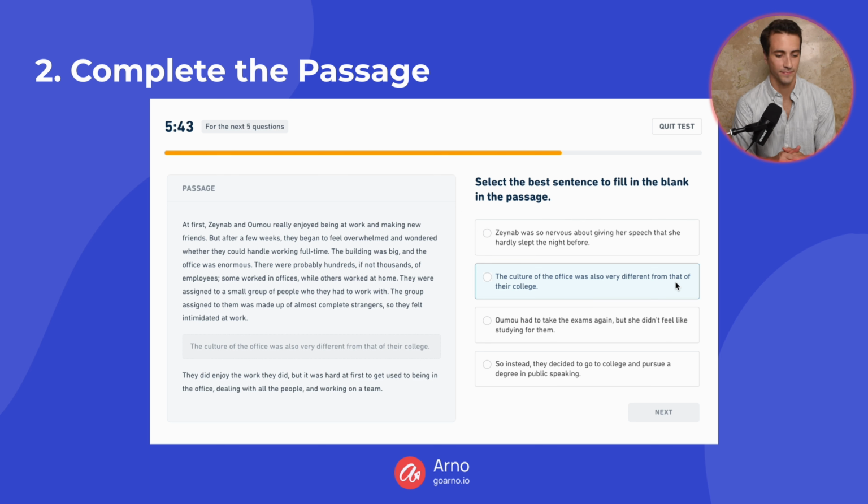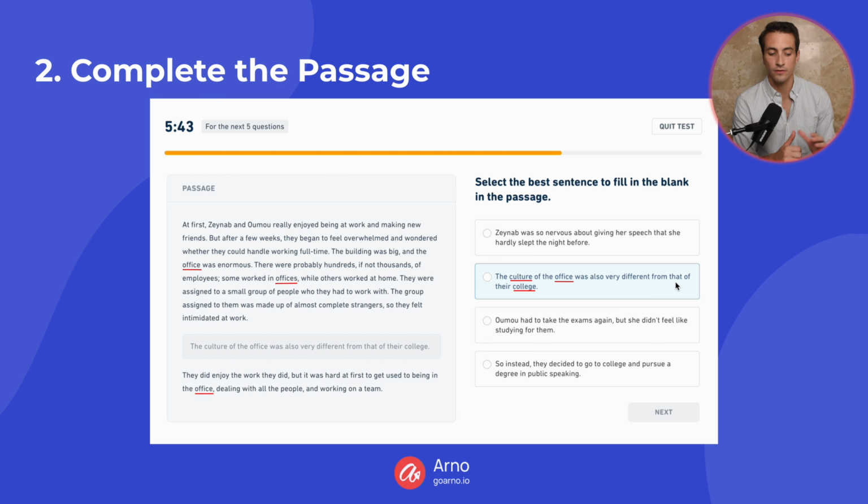The next option. The culture of the office was also very different from that of their college. The key vocabulary in this option is culture, office, and college. And that vocabulary appears in the passage. So office appears directly in the passage. The other key vocabulary we have is culture and college.